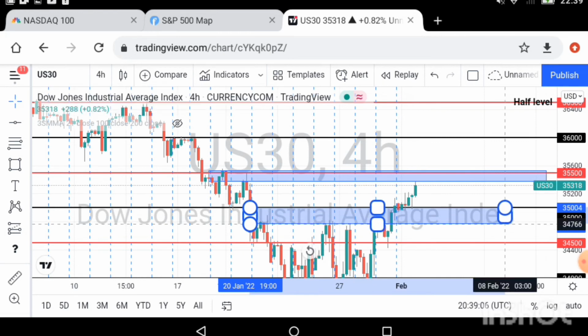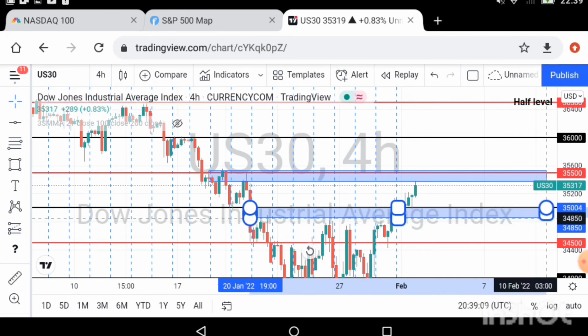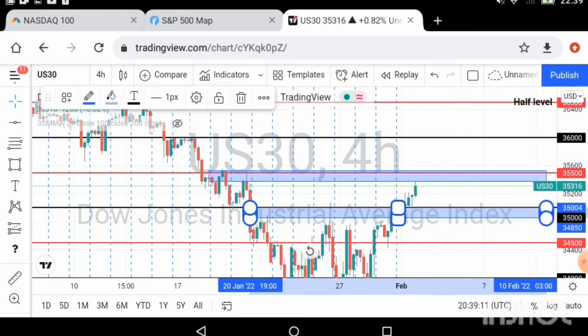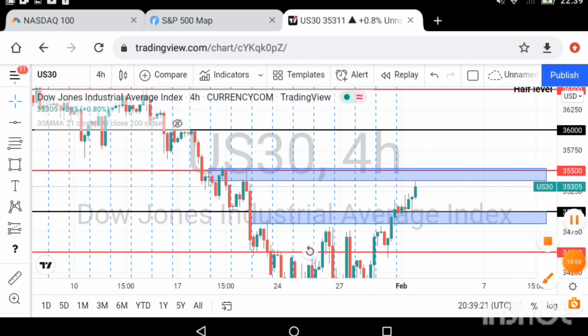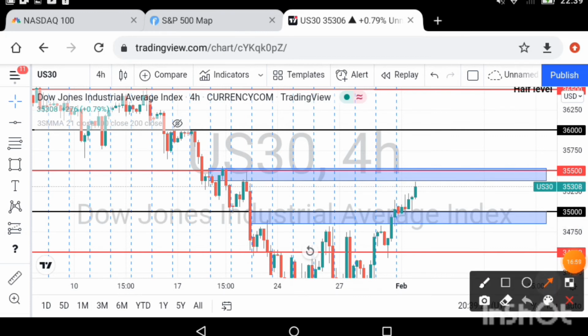This one is already acting as a support level. So if we break above our current resistance here, we are looking to continue higher. If we break around here, looking to continue higher.